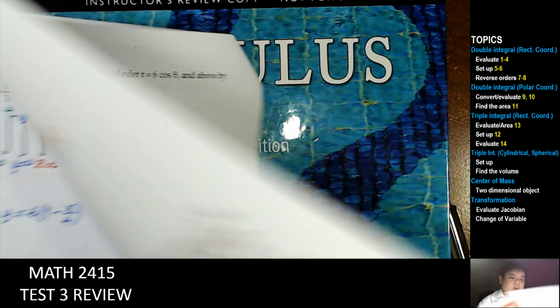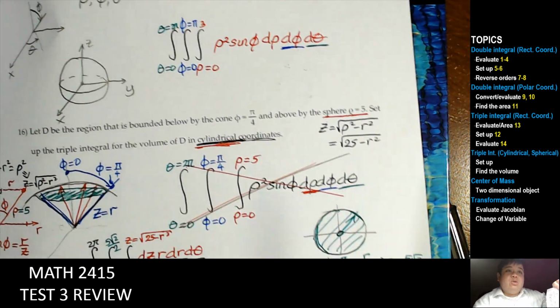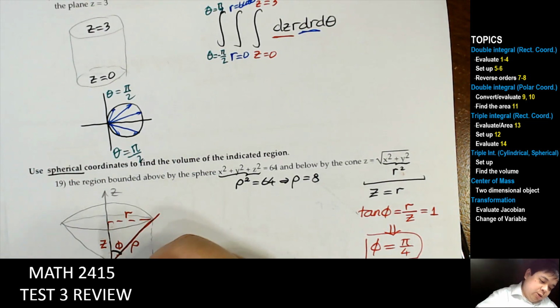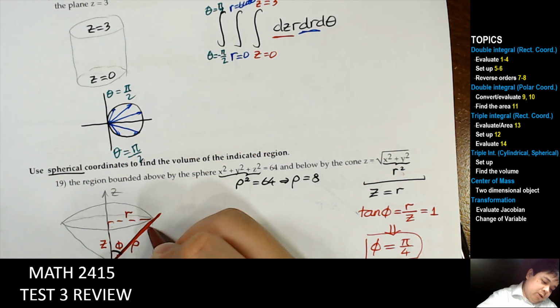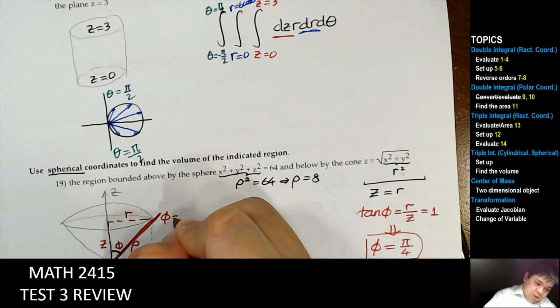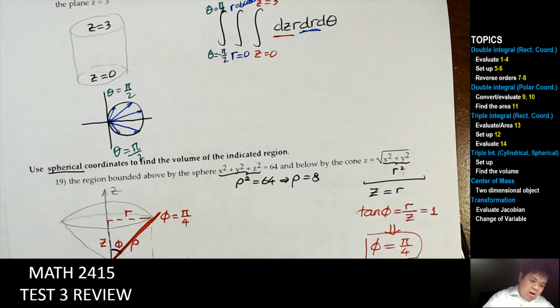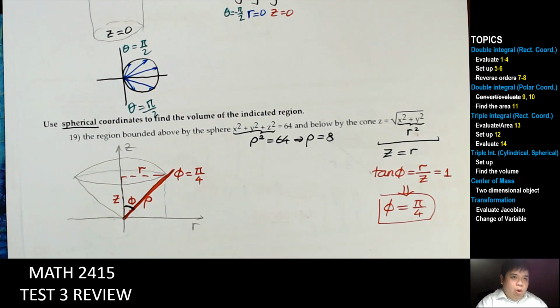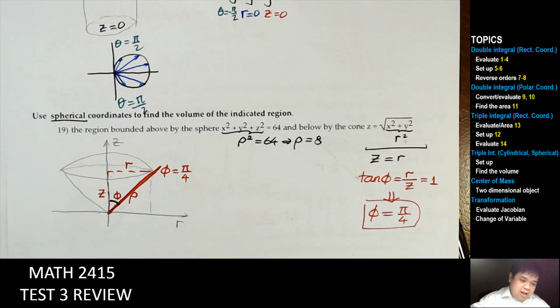So that, of course, if you look on number 16, that is actually the cone given by this edge. Pi over 4. And then the rho, of course, we go from 0 to 8. That part easy.